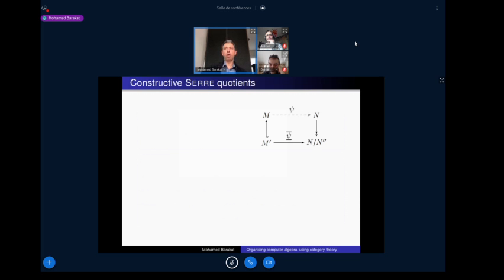And now I want to show you how the composition in the Serre quotient looks. This is now the data structure of two morphisms in the Serre quotient. A morphism in the Serre quotient is an equivalence class of triples, where you need a mono, an epi, and a regular morphism.